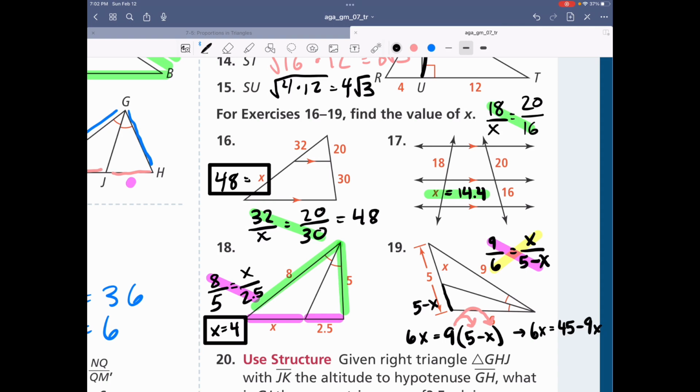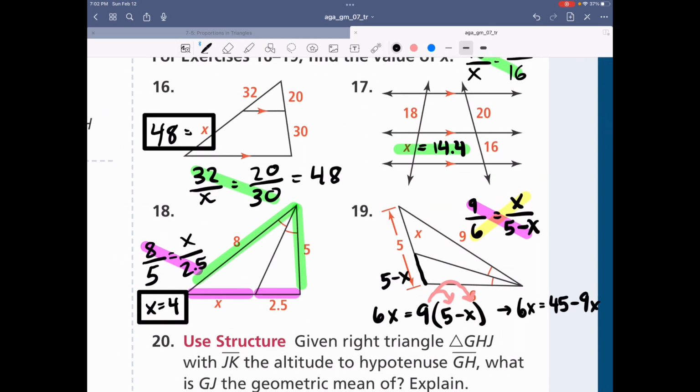Now I need to add 9x to both sides. 6 plus 9 is 15x equal to 45. If I divide by 15, x equals 3. And that makes sense in the picture that x would equal 3, because then this little piece would equal 2.